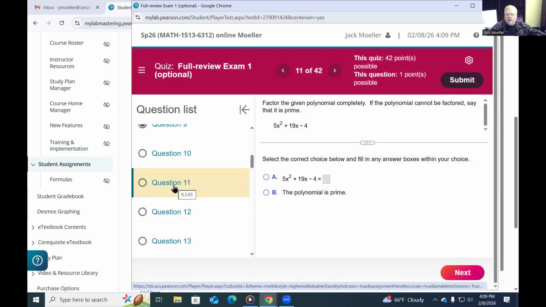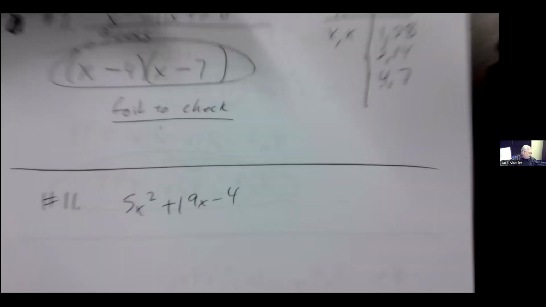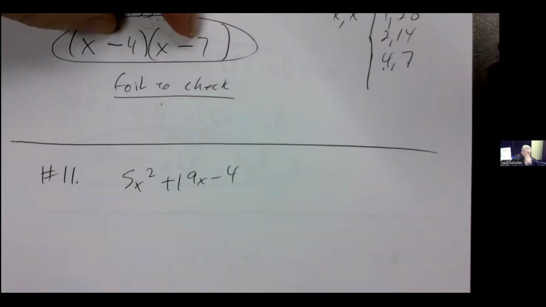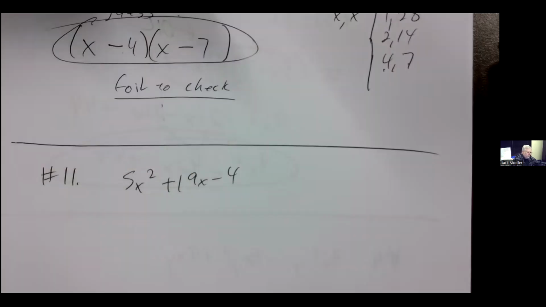All right, let's do number 11 with the AC method. We're factoring 5x squared plus 19x minus 4. Once there's a number in front of the squared term, if you're really comfortable with your foiling, you could still do reverse FOIL, but this is where more people tend to prefer the AC method.